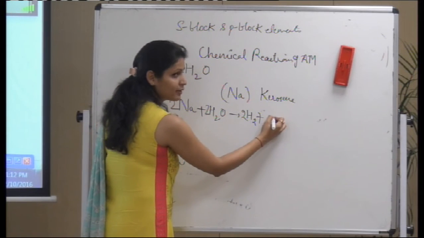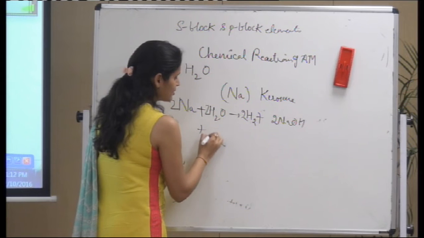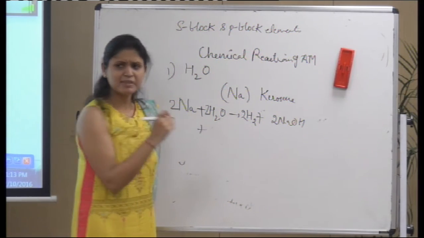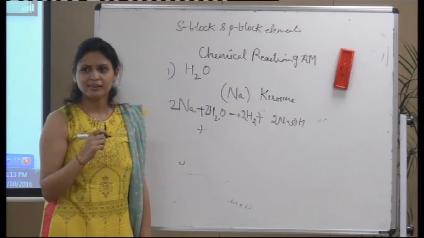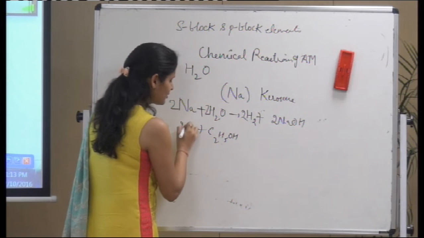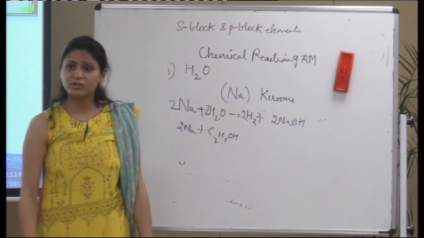The other product would be 2NaOH, right? If I am saying that this is so, the other liquid could be kerosene, or can it be stored under alcohol? Why not? Alcohol is C2H5OH, right? Can't I store it under ethyl alcohol? Why?